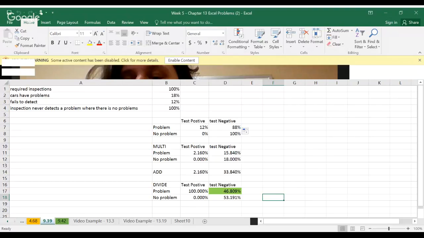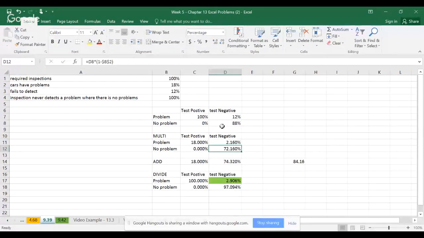No problem found. Inspected car has no problems. Okay, so our inverse there is right. Problem found. Inspected car has problems. Oh, we flopped these.